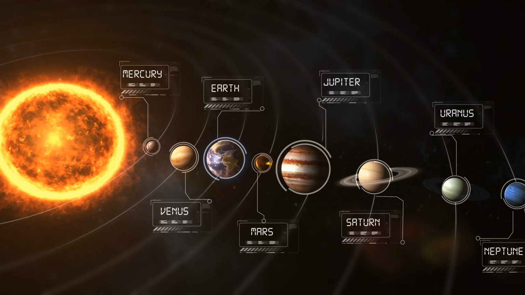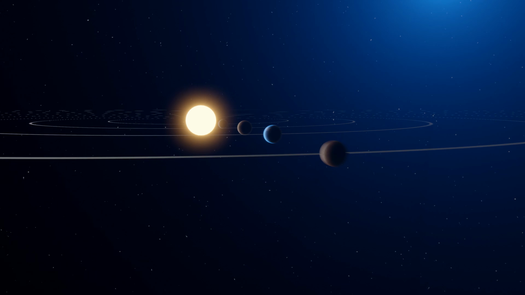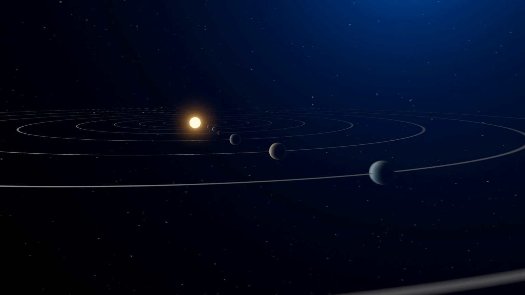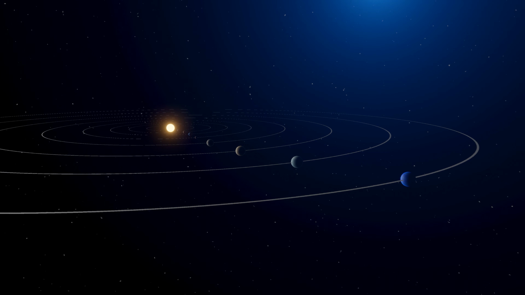And each of these 9 planets have their own orbit around our sun. So if you think about it, some of these planets are really close to the sun, and some are very far away. Jupiter, Saturn, for instance, are farther away than the Earth is.